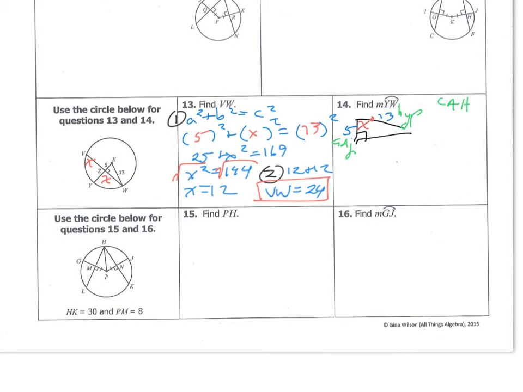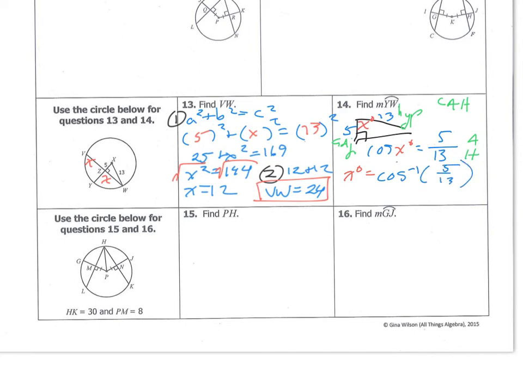So I've got cosine of x degrees equals, and I've got a ratio here that I'm going to set up. So my adjacent was 5 and my hypotenuse was 13. What do we put into our calculator to find a missing angle? So we do x degrees is equal to the inverse cosine of 5 over 13.